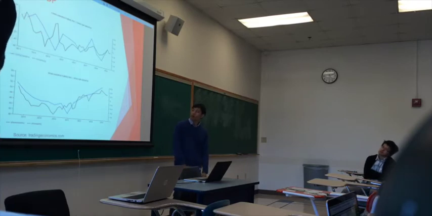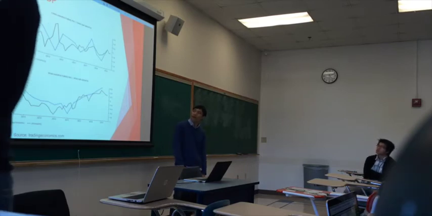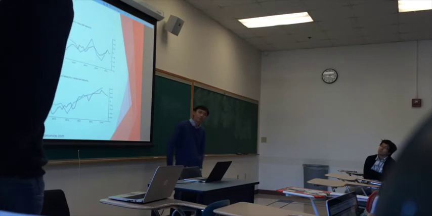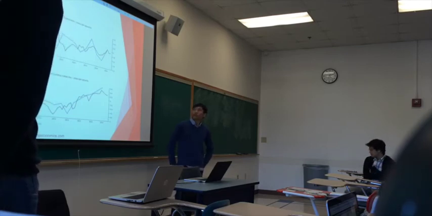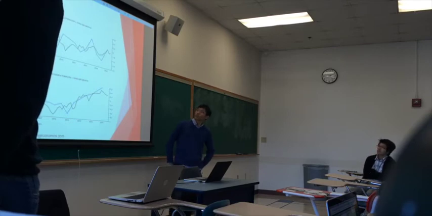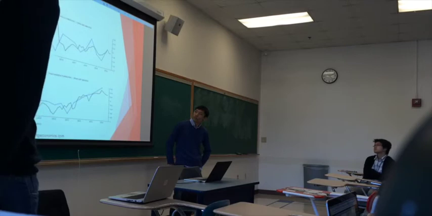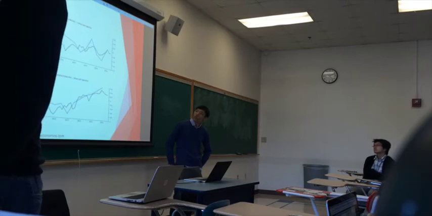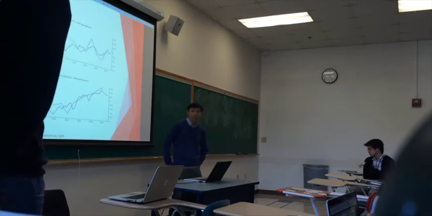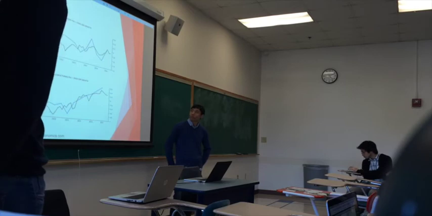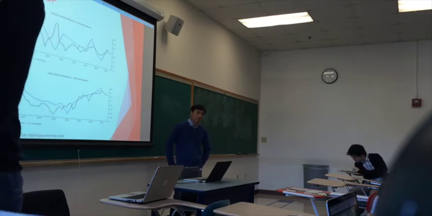These are just some sample graphs where we put the movements in PMI and the growth rate. The first one is for China, and the blue line is the GDP and the PMI is the black line. They don't correlate one-to-one, but there's a lag between the movement in the PMI and GDP.